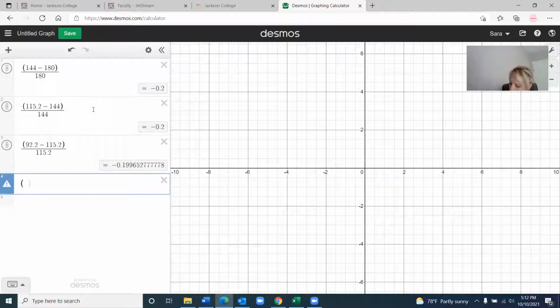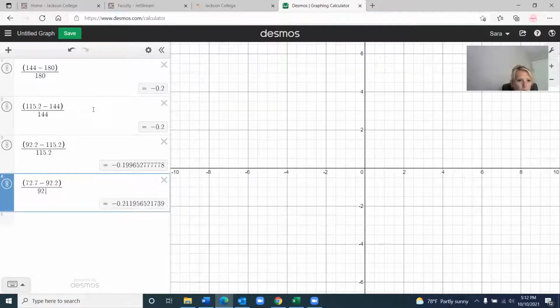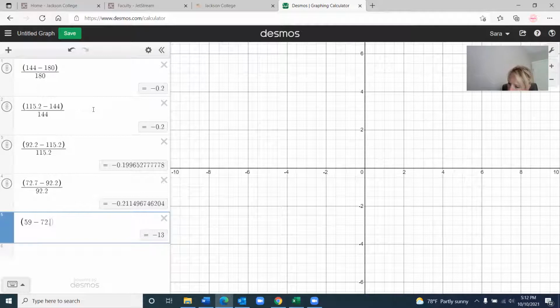And then we have 3 to 4, and it looks like we're at a negative 0.2 again. And remember, in real life, it doesn't always work exactly perfect. So 59 minus, what was it, 72? Oh, it was 73.7. That's probably why.